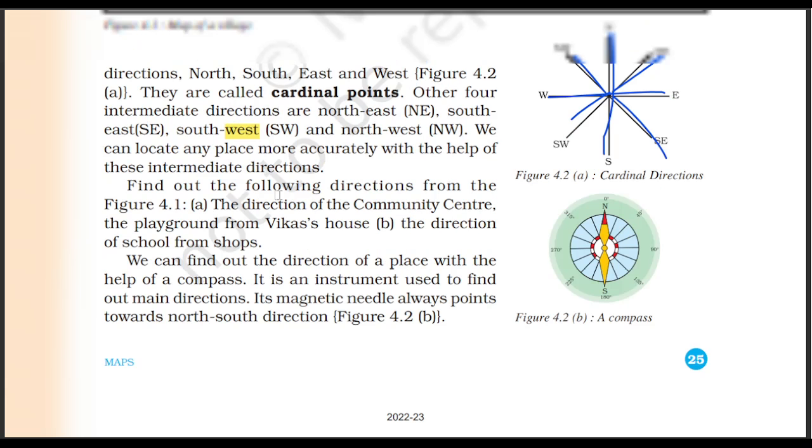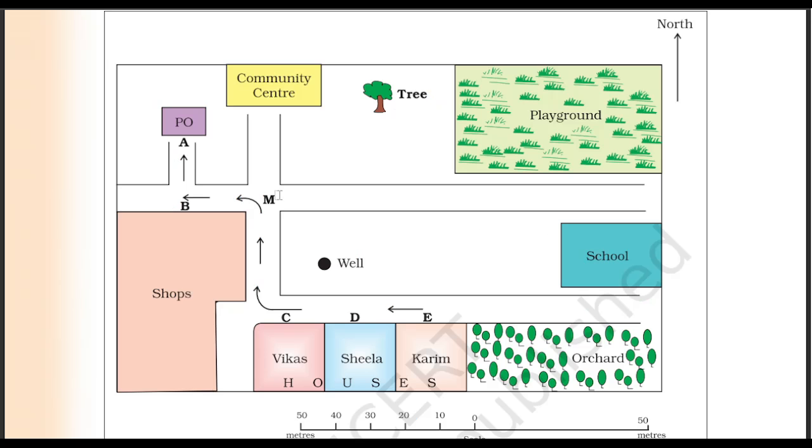In this map or drawing, you can check this is Vikas house, Sheetal house, Kareem house, and the school from Vikas house. The community hall is in north, the shop is west, and the school is in east direction.